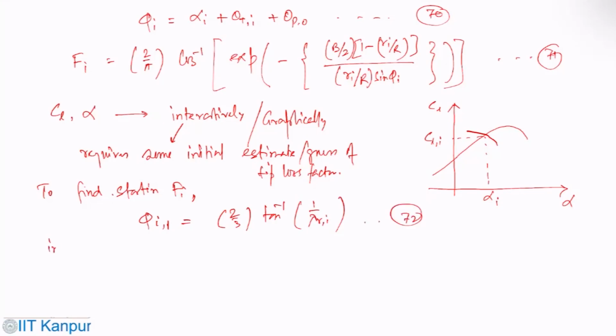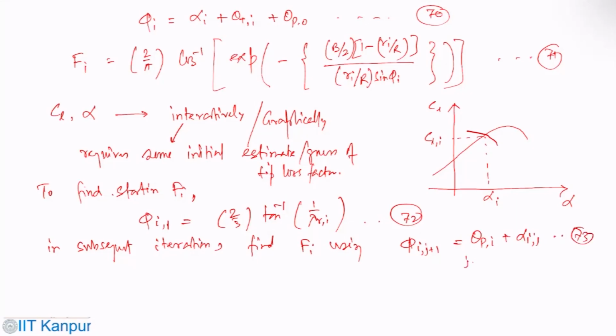And then in subsequent iterations, we can find Fi using phi i,j plus 1 equals pi plus alpha i,j, where j is the number of iterations. So it basically goes iteratively. Usually only a few iterations are needed to get a converged solution.